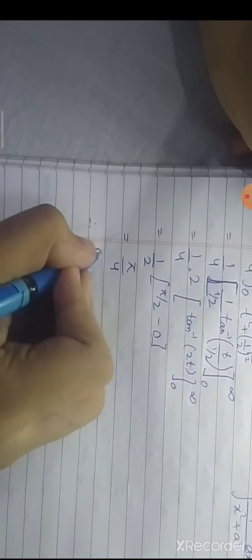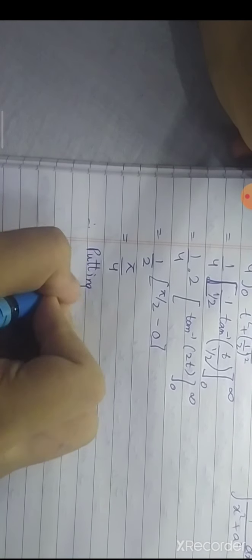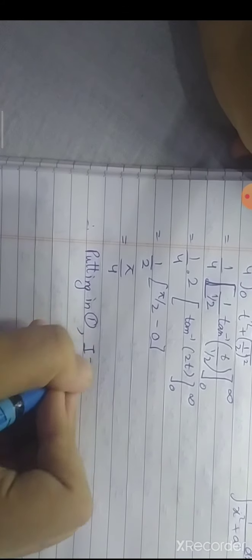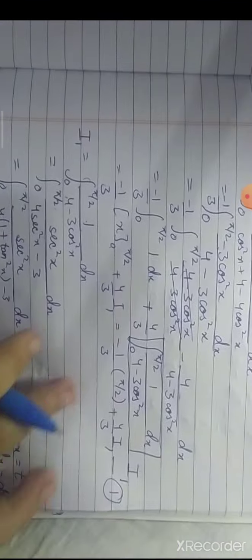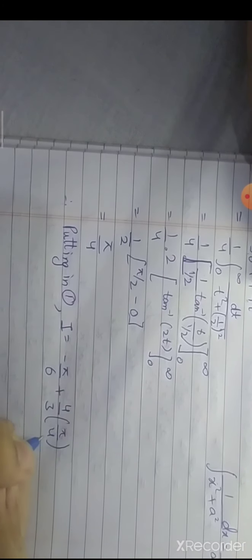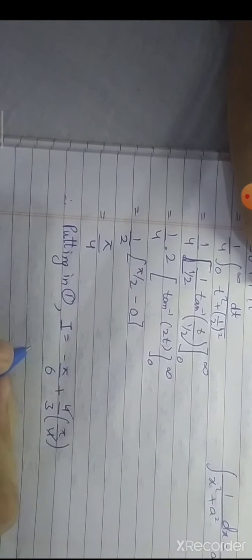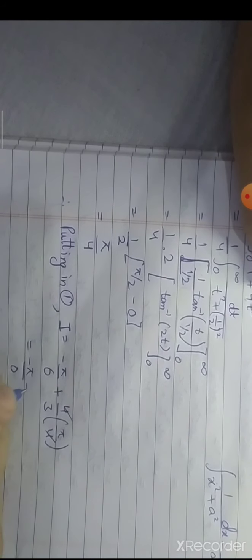Therefore, putting in 1, I equals minus 1 by 3 into pi by 2, which is minus pi by 6, plus 4 upon 3 I1. So plus 4 upon 3 into pi by 4, the 4 cancels, equals minus pi by 6 plus pi by 3, which is equal to pi by 6.